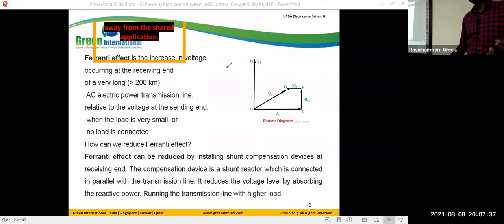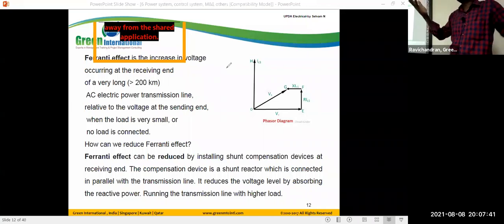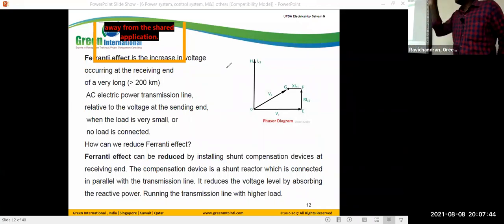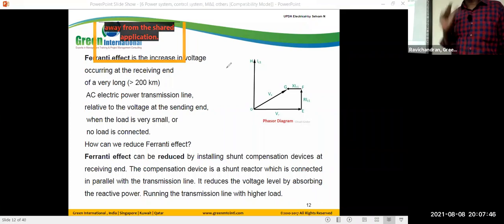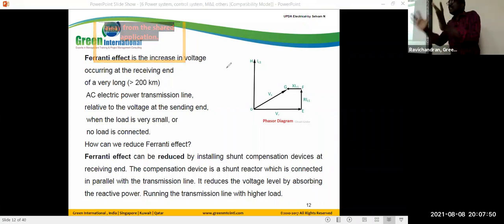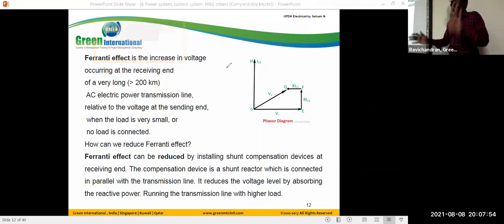So at that time, Vr is high, the receiving voltage is high, and the supply voltage is low. That condition we call the Ferranti effect. So simple to remember, Ferranti effect means the receiving voltage is high and the sending voltage is low. That is the information. That's all.